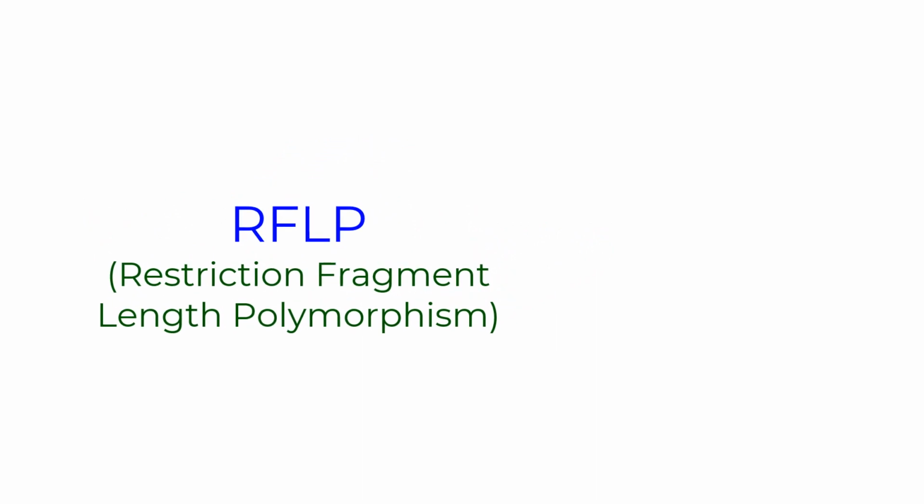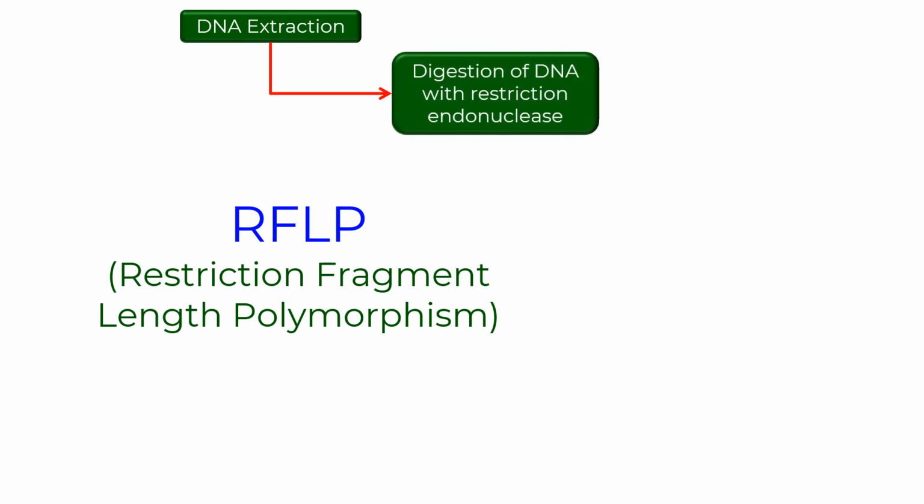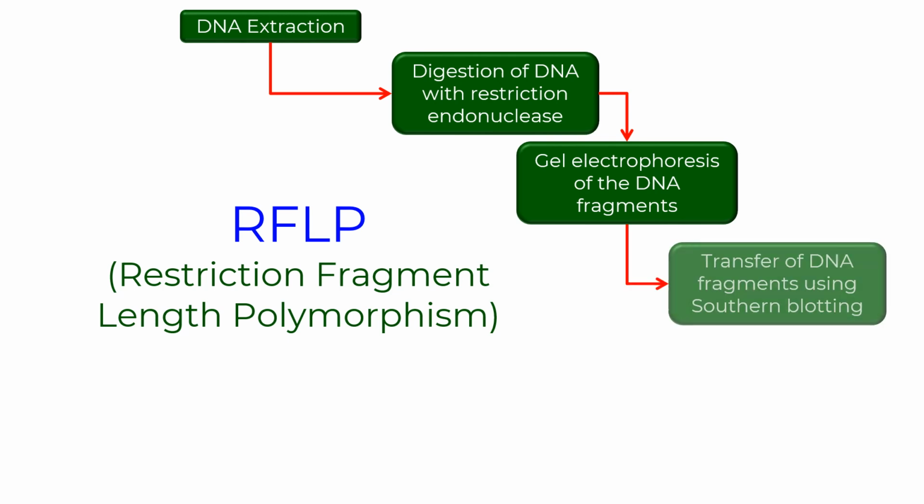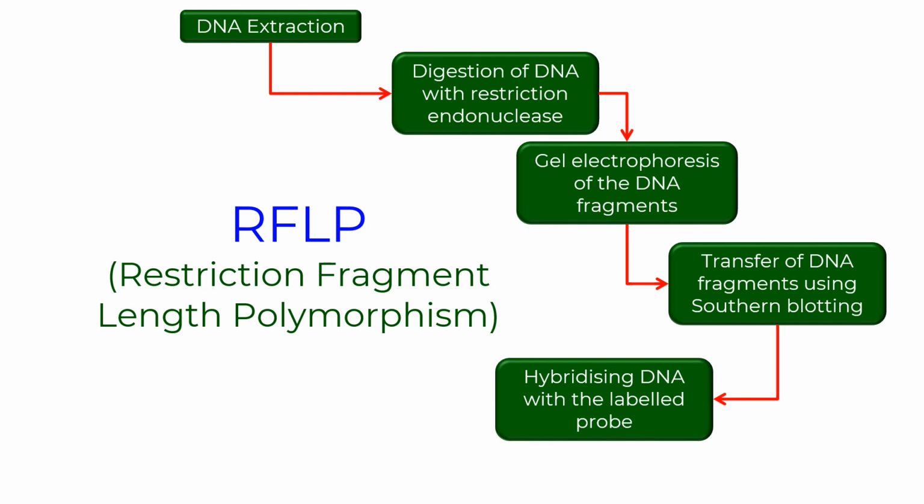Protocol. RFLP involves DNA extraction, digestion of DNA with restriction endonuclease, gel electrophoresis of the DNA fragments, transfer of DNA fragments using Southern blotting, hybridizing the DNA using labeled probe, and autoradiography.